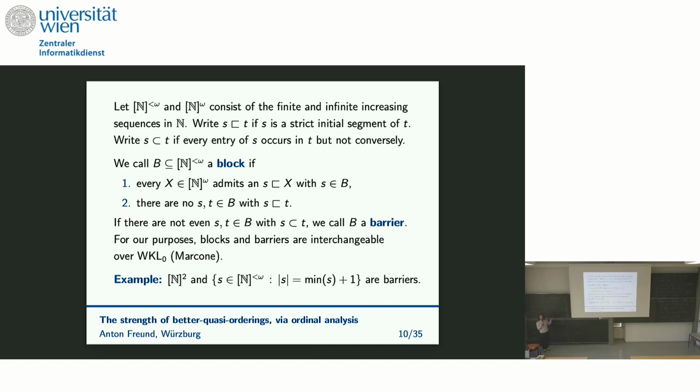Does that make sense? 3, 1 doesn't exist. You just write things in increasing order always. So S and T are in strictly increasing order. Yes, all sequences of natural numbers are. You just identify sets with their strictly increasing enumerations.